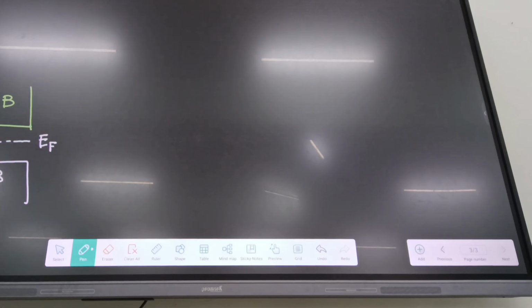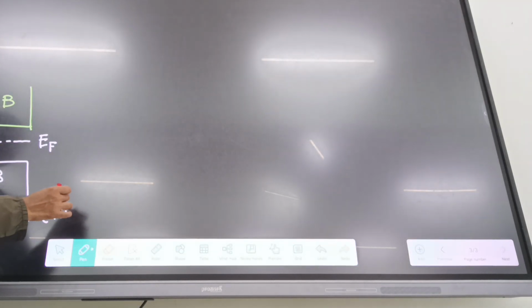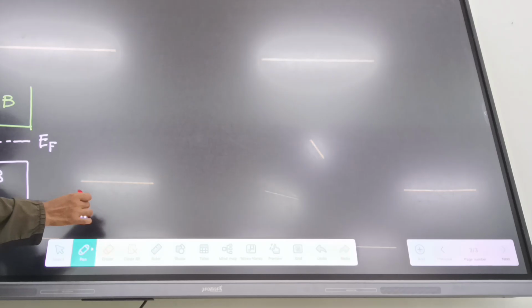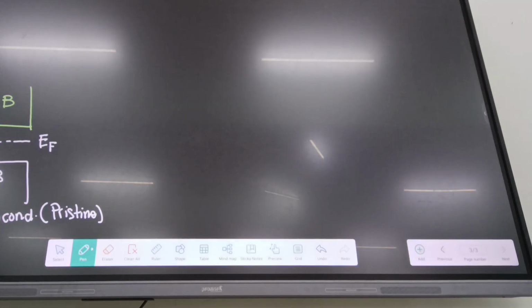This is the undoped, pristine state of a standard semiconductor. Now we put some p-type and n-type impurity. The electron goes up here, or say a hole comes here, or the opposite. So the extra charges go and sit in the conduction band or valence band. This is what happens.